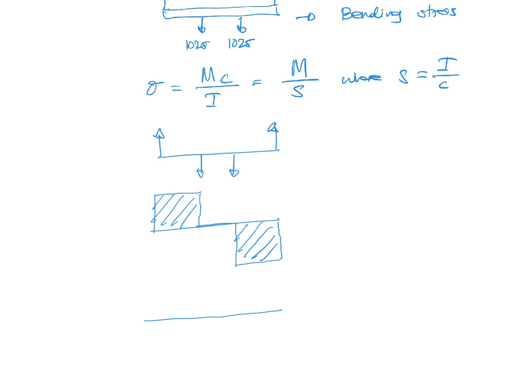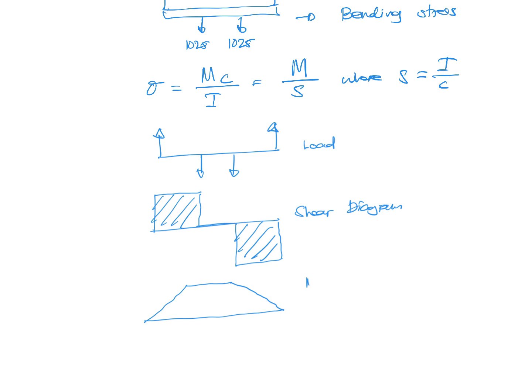From your shear, this is positive shear there, meaning you have a positive moment, no shear, zero, and then negative moment. So this is your load. This is the shear diagram.